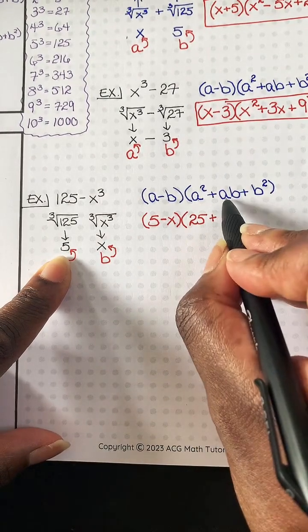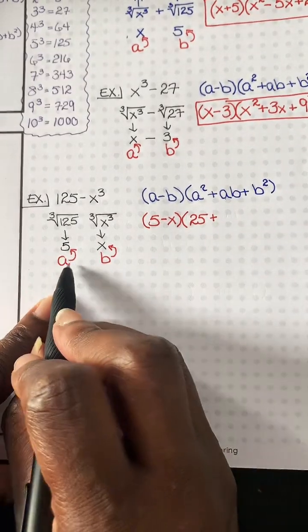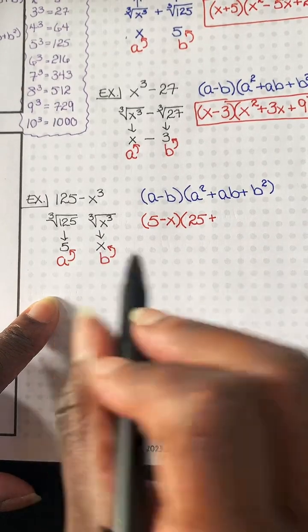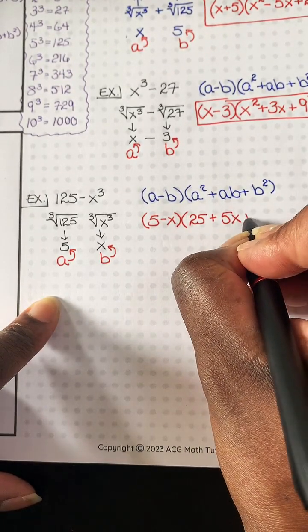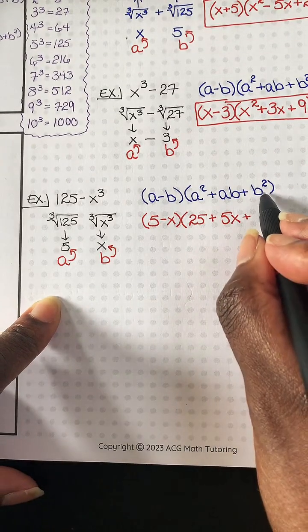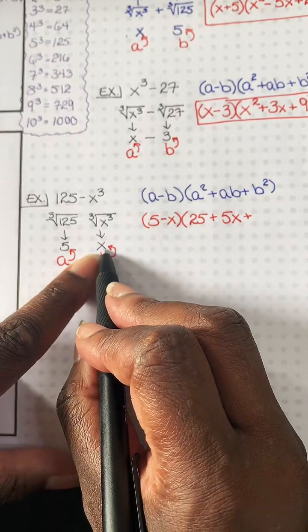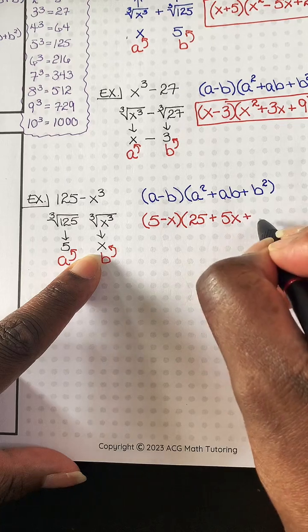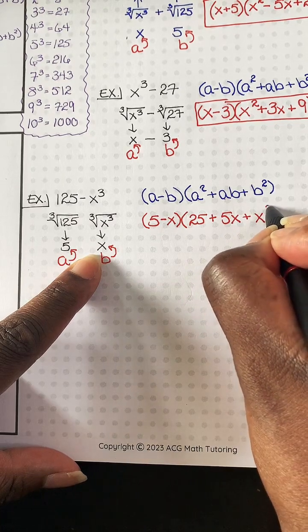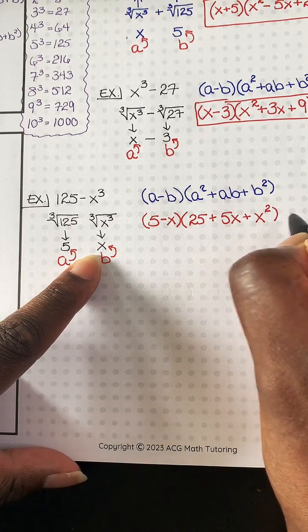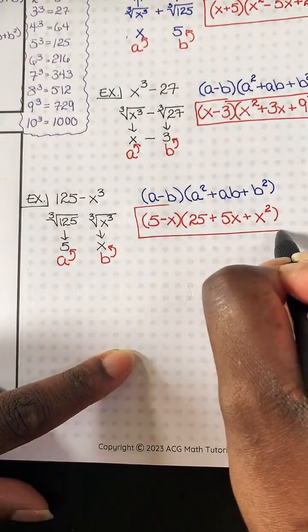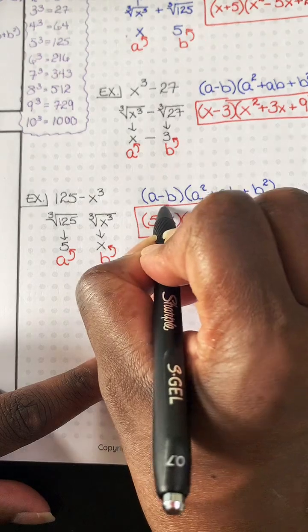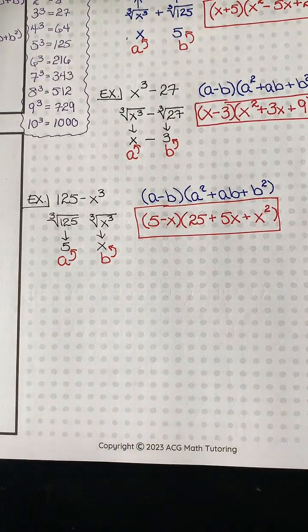Plus, multiply my A and my B. My A is 5, my B is X, so we still have our 5X. And my B squared, my B is X, and I'm squaring it, that will give me an X squared. And that's your answer. Yep, that's it, Selena.